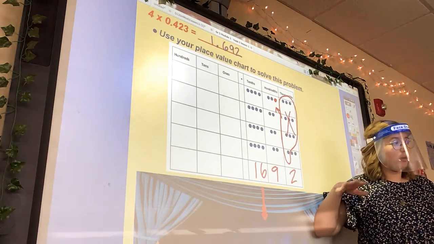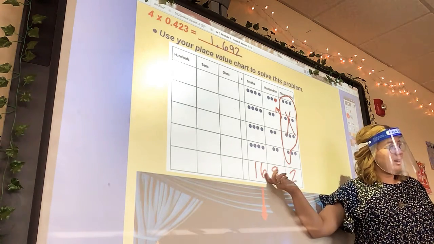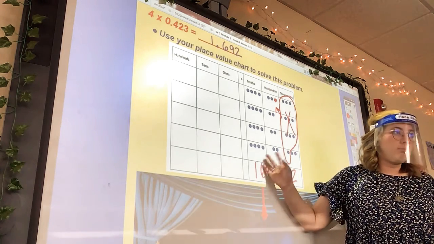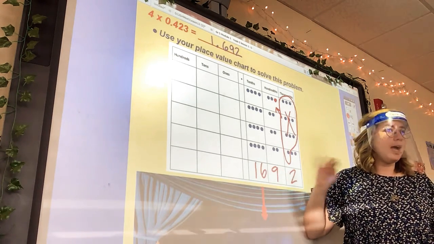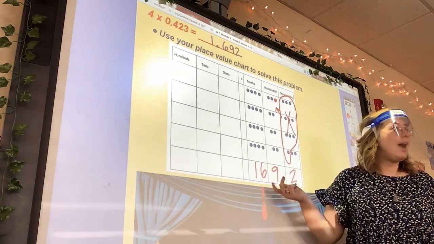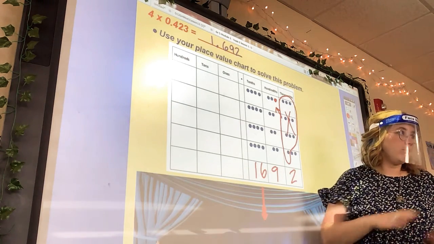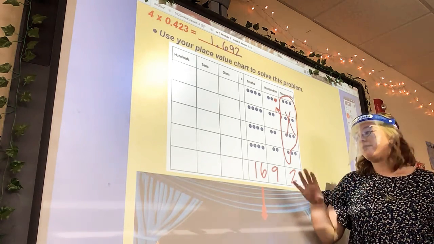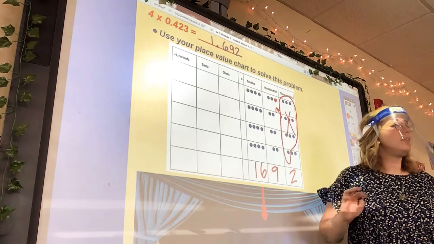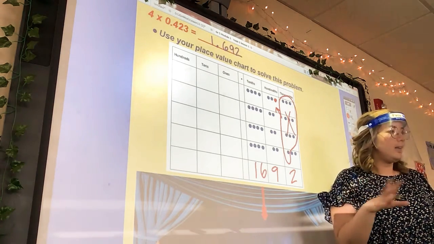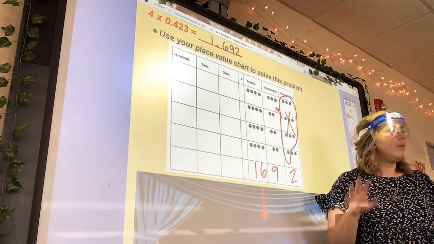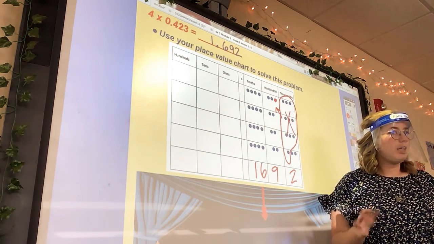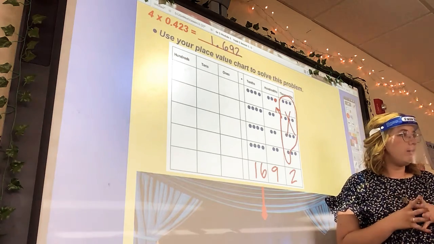Don't be silly and say no. Does everybody understand? Great. Okay. So, I give you permission, okay? Listen up. I give you permission to just look at that and know that the 1 moves over. Period. Okay? If that doesn't make sense to you, keep circling 10 and moving it over. Keep doing that, okay? There's no shame in doing that. However, in order to save you time and energy, since you know the why, okay? You guys know the why really well.